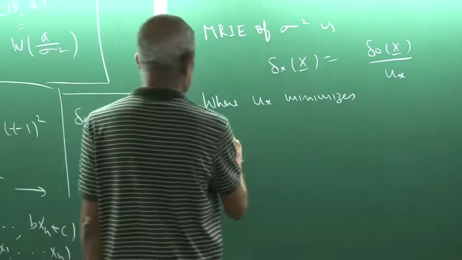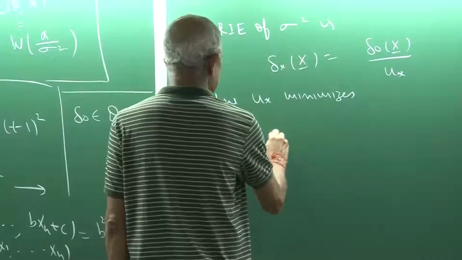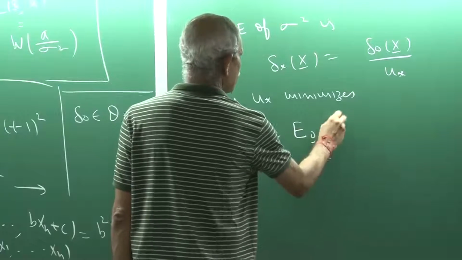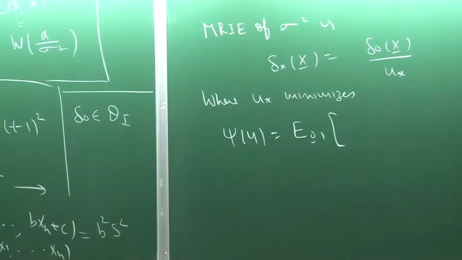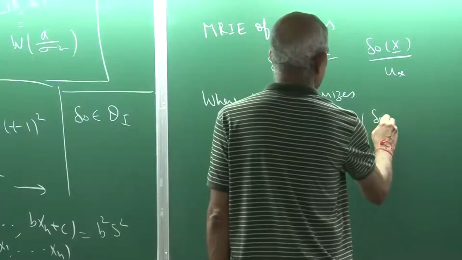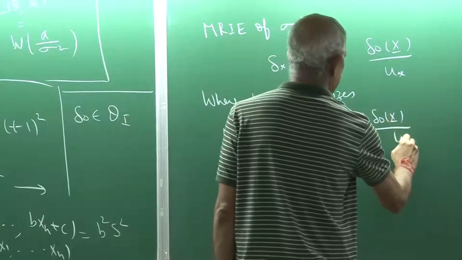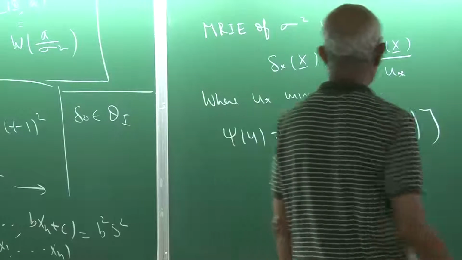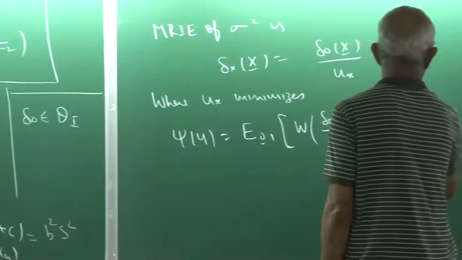the risk of delta naught x by u, which is E of 0, 1 of W of delta naught x by u, which is nothing but E0,1 of (delta naught x by u minus 1) whole square.